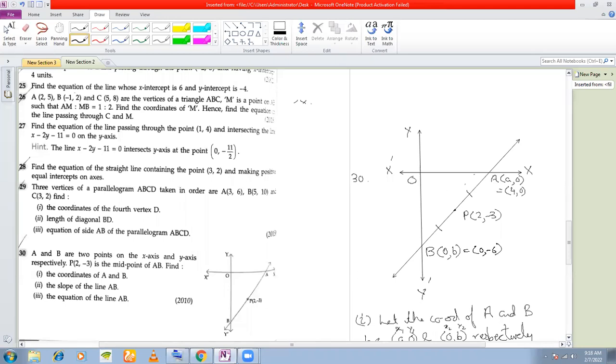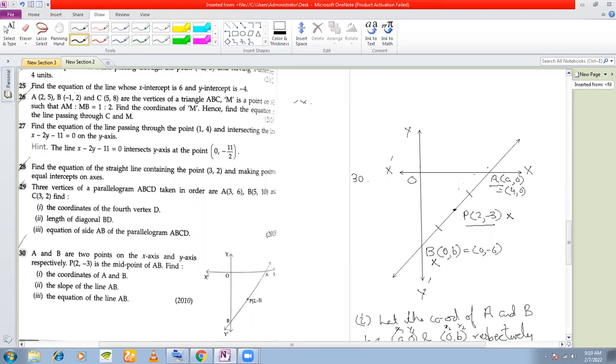Now see, but you know 3 points in this. That means you can either consider A and P and then find out the slope. That is, either you can consider this point and this point, find out the slope, or you can also consider this point and this point to find out the slope, right?